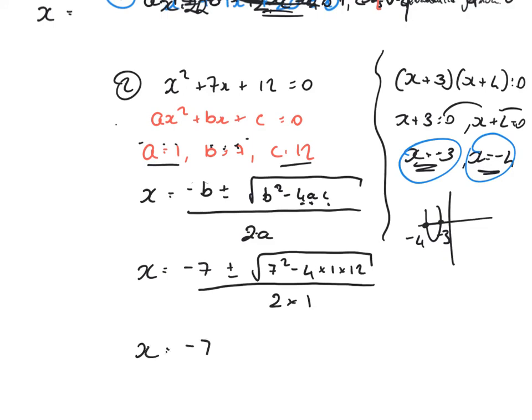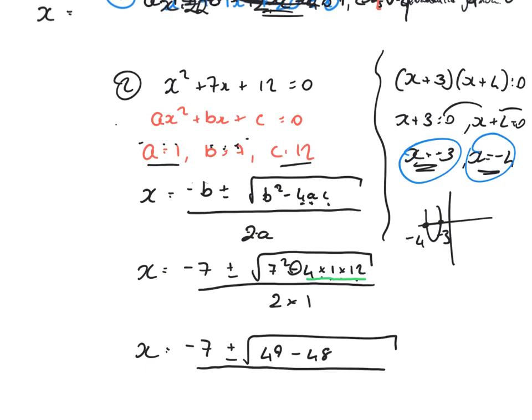Okay, let's tidy it up. Minus 7 plus or minus the square root of, okay, 7 squared, 49, minus 4 times 1 times 12. Well, 4 times 1 is 4, and times that by 12, that's 48, and there's a minus before it.